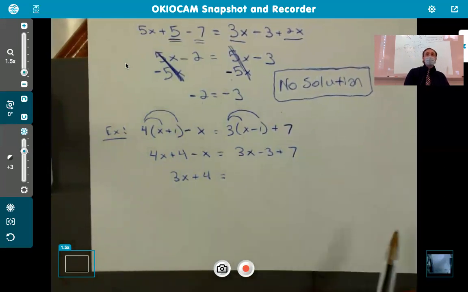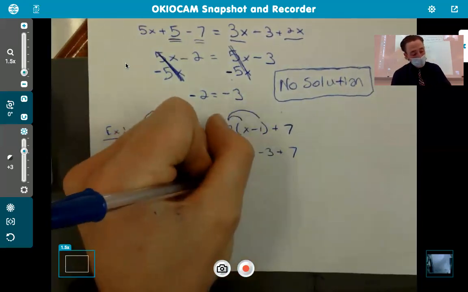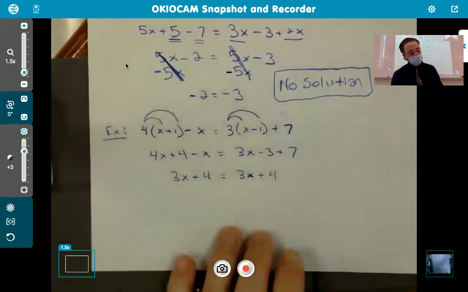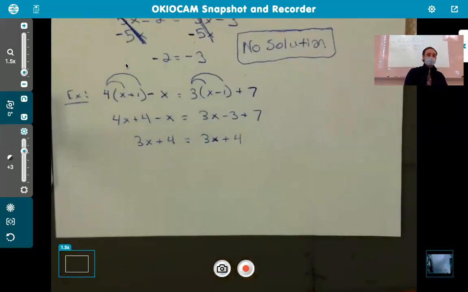What can I combine there? What's -3 plus 7? Not -4, +4. Exactly. So you do the subtraction and then you keep the sign of the higher one.